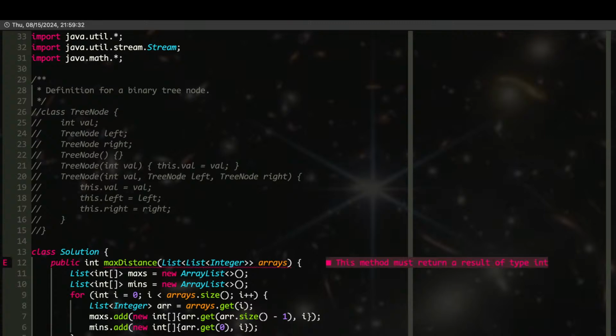For int i equal to 0, i smaller than maxes.size, i plus plus.